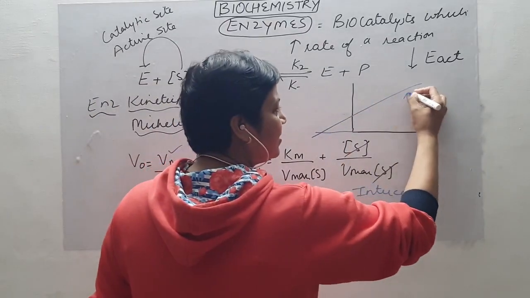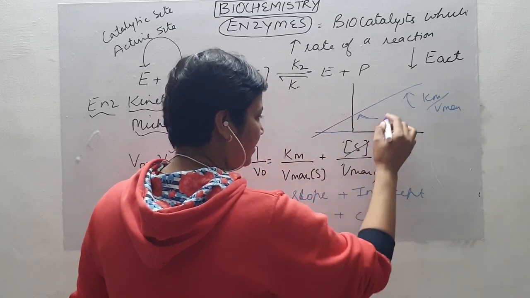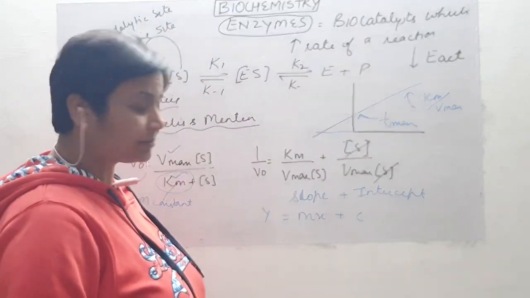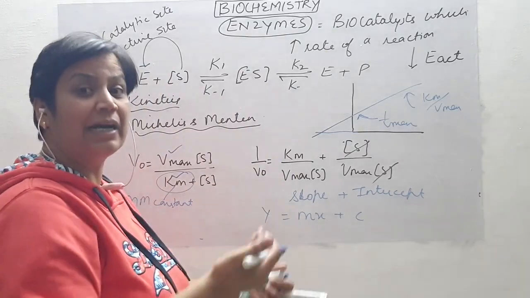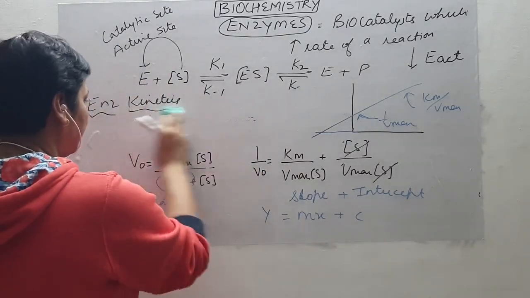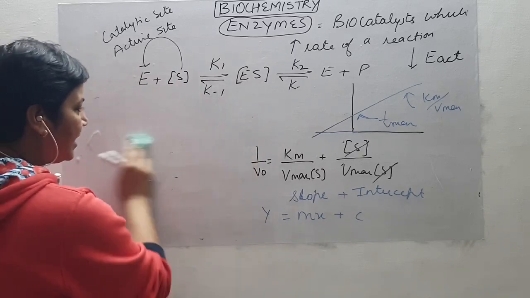This becomes the slope and this becomes the intercept. So what we have done is we have reciprocated it, turned it upside down, and this type of equation is known as the Lineweaver-Burk plot.